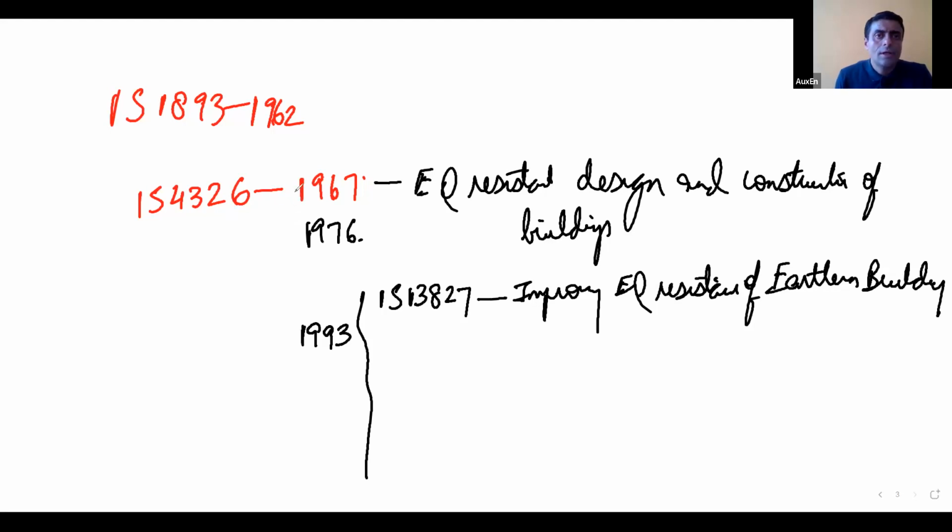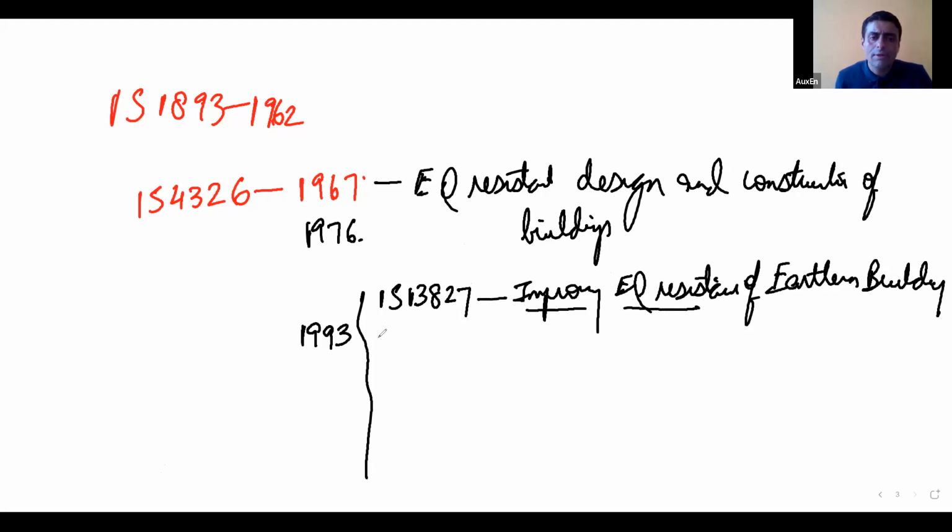Nowadays, even in the rural areas, it's hard to find an earthen house being made. But this is 1993, so in those days, even in the rural areas, we had earthen buildings being made. So we had this code improving EQ resistance of earthen buildings, IS 13827.